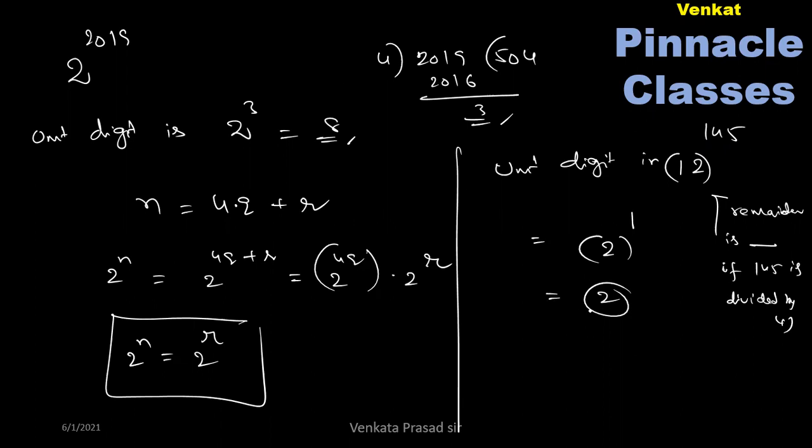So the remainder is 1, so what is the unit digit? 2. That's the answer.